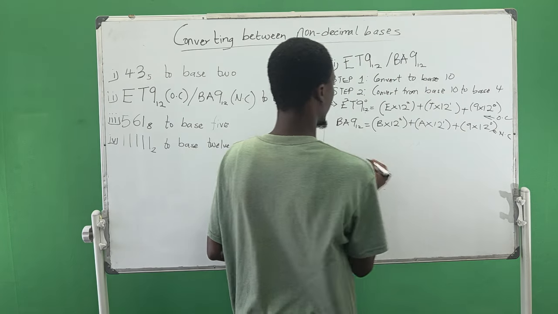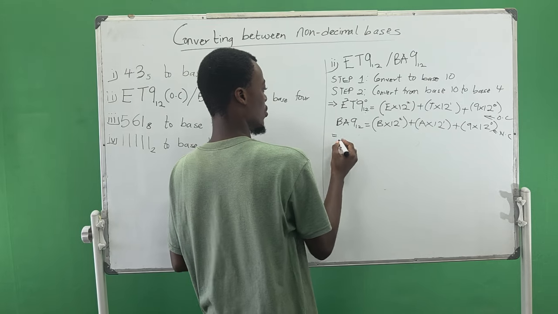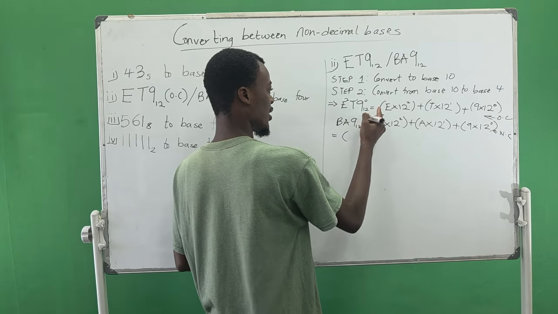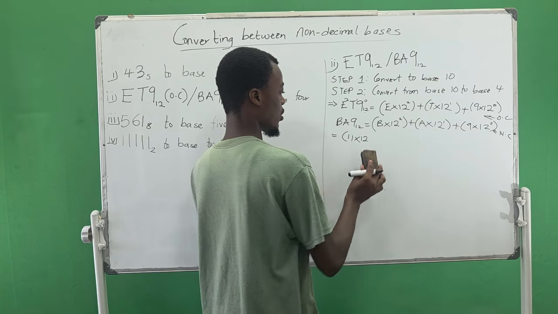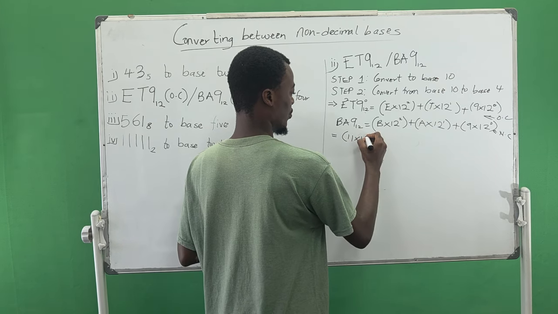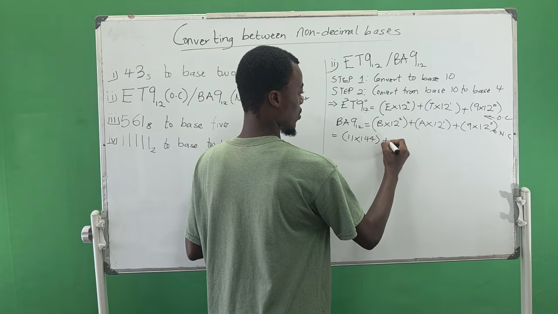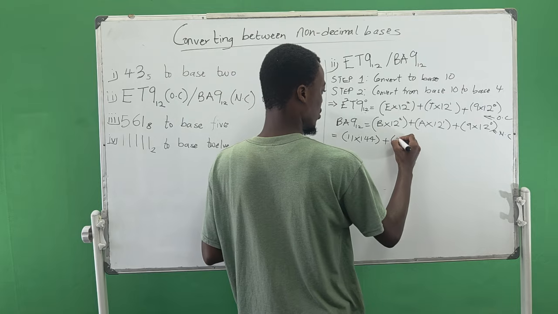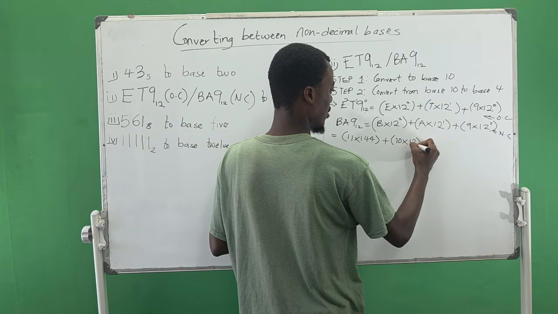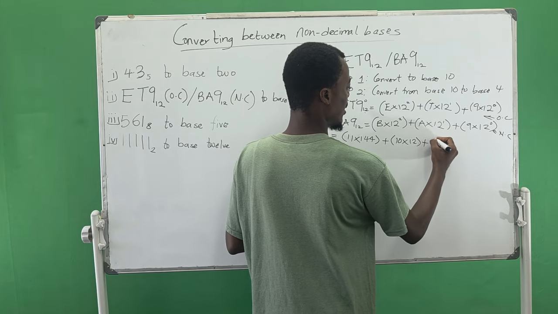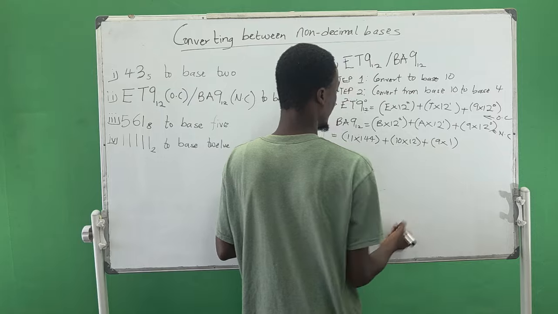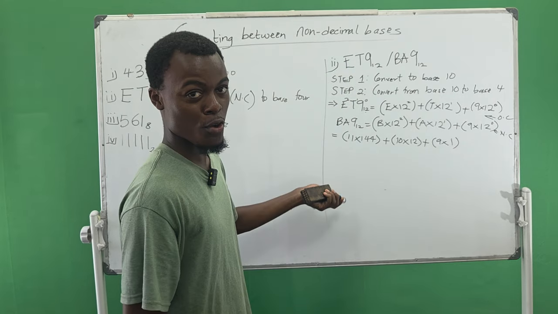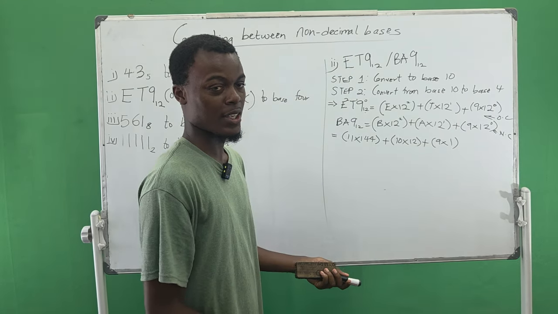So now the next step: E is 11, so 11 times 12 exponent 2, which is 144, plus T, which is 10, times 12, plus 9 times 12 exponent 0, which is 1, so 9 times 1. Old curriculum and new curriculum both apply to this side.